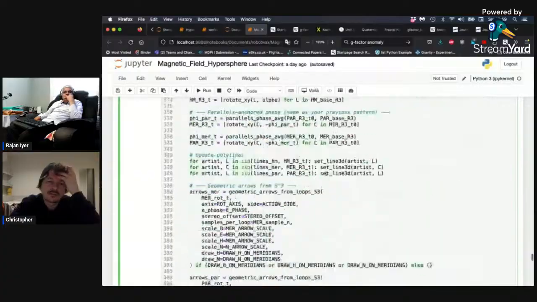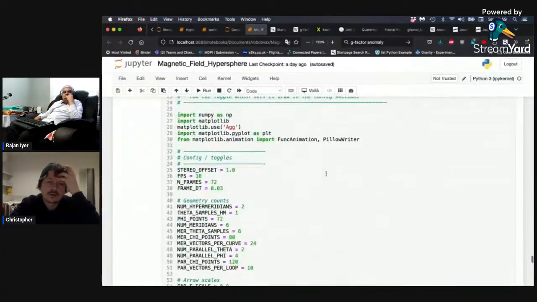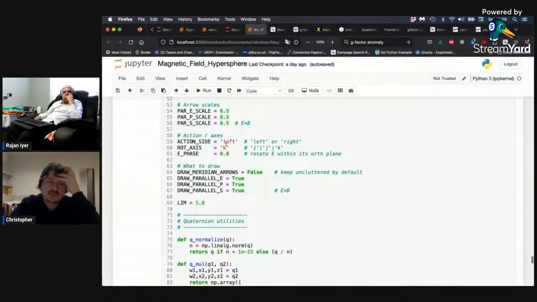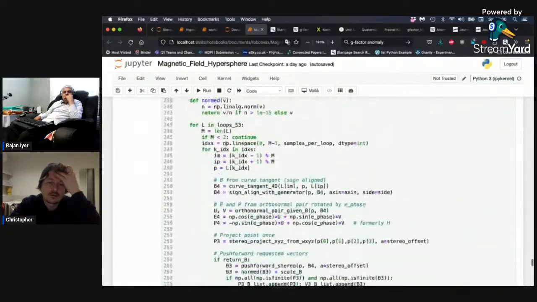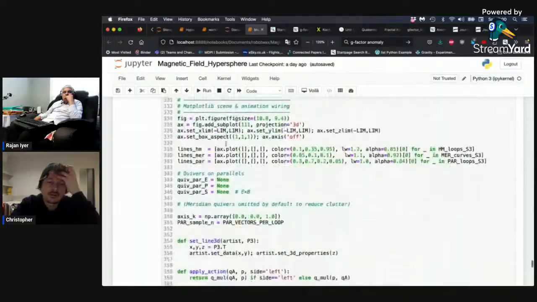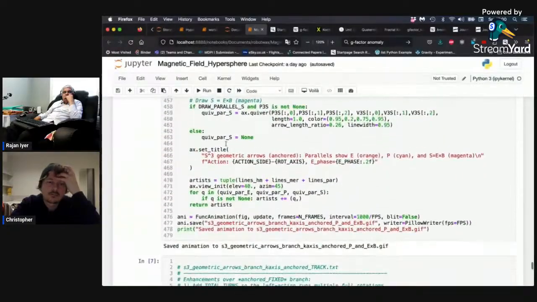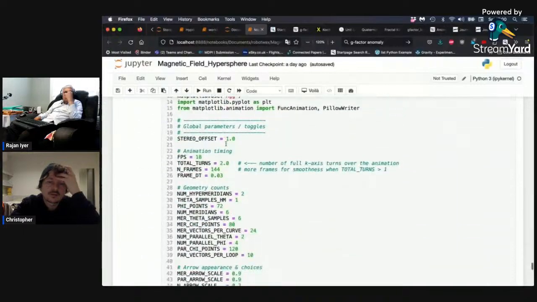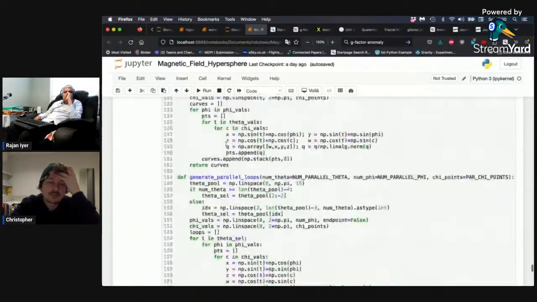So let's see. Is this track? No, it's not. This one is left, and what's the name of the output file? Okay, so that's the pointing vector in E and B. This one's left as well.